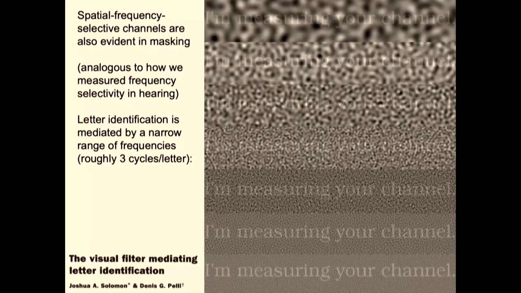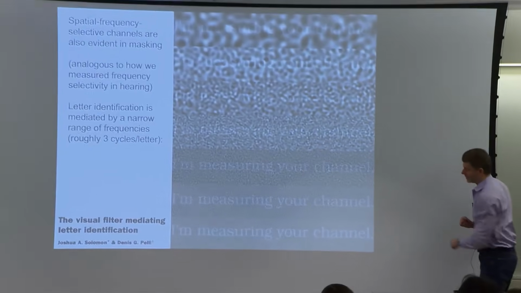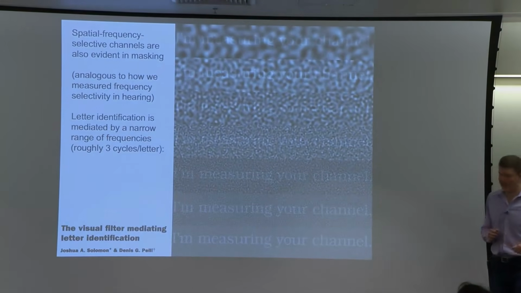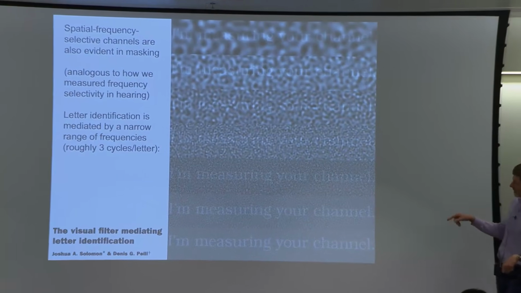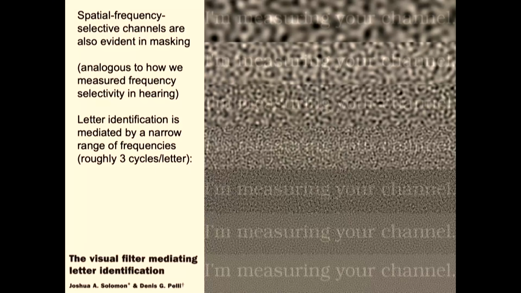And so what you're seeing here are letters that are superimposed on noise that has been filtered into different spatial frequency ranges, from very low spatial frequencies up at the top to high spatial frequencies down at the bottom, okay? And so the letters are exactly the same. The contrast of the noise is the same across all of the examples. All that varies is the spatial frequency content of the noise.